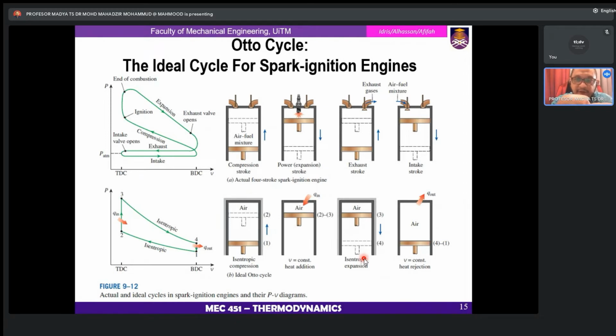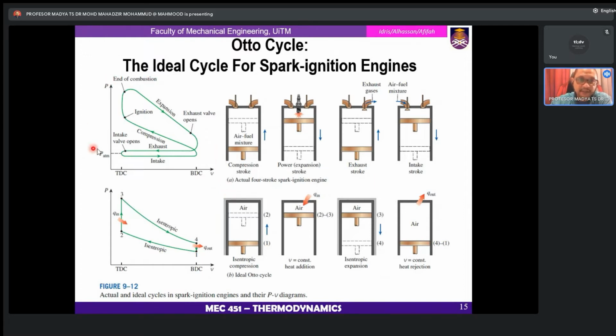When you want to analyze these petrol engines, the assumption that you have to make is based on the Otto cycle. This is the knowledge of how you will know the process of the four strokes, and then transfer it to the PV diagram for the Otto cycle.